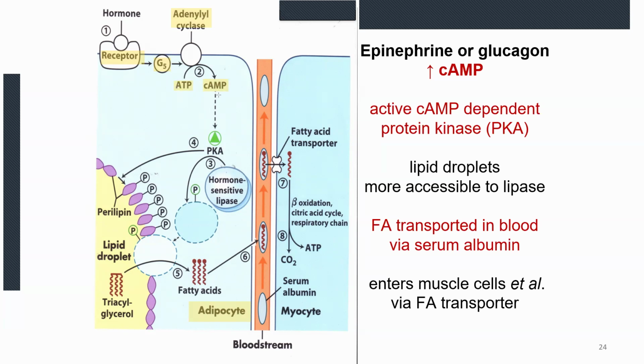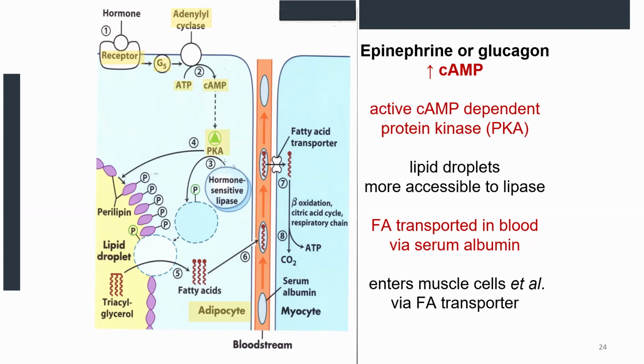So this cyclic AMP is then going to go down to turn on a protein known as protein kinase A. Okay, so essentially what we've got is a hormone that is perceived. This hormone is outside of the cell. This receptor membrane protein perceives that hormone, then it leads to the activation and production of cyclic AMP.